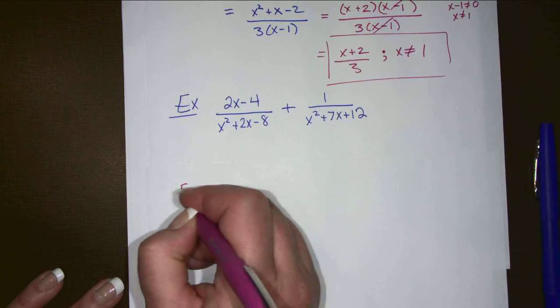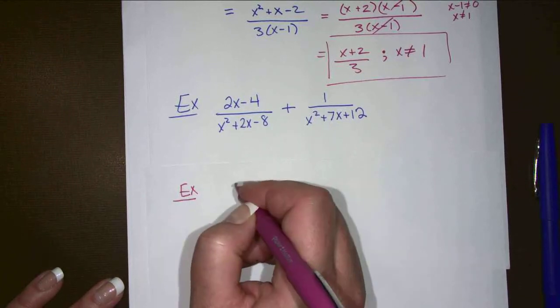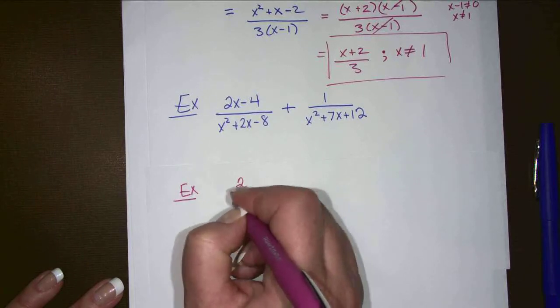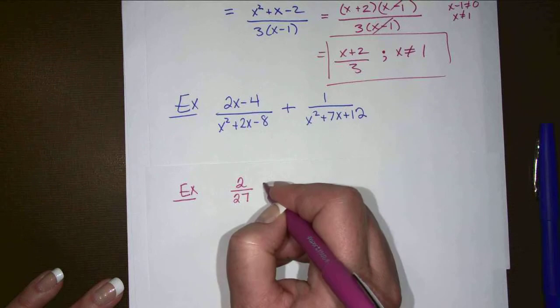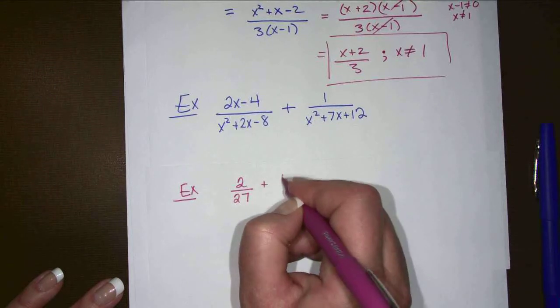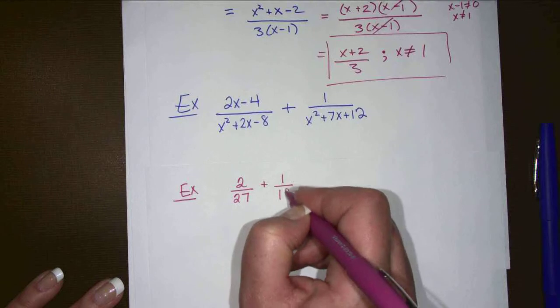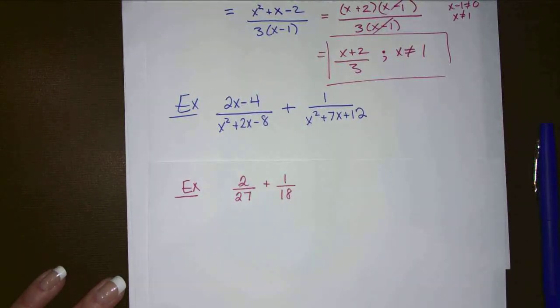So let's say, for example, we have 2 over 27 plus 1 over 18. Okay. So that one, without a calculator, is not very nice. Do you agree?